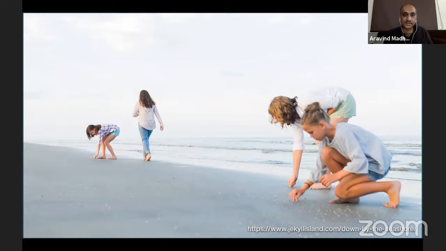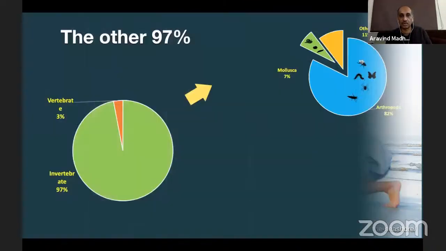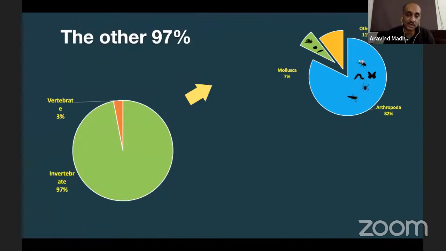These shells, which are mollusks, contribute to the other 97% of the biodiversity. Whether it's in India or any other part of the world, most of our research, conservation and education, for that matter, is concentrated on the 3% of vertebrates, be it a tiger, elephant, rhino, or large birds like bustard or florican.